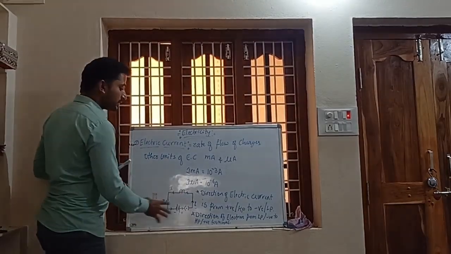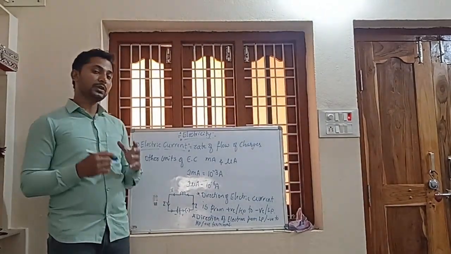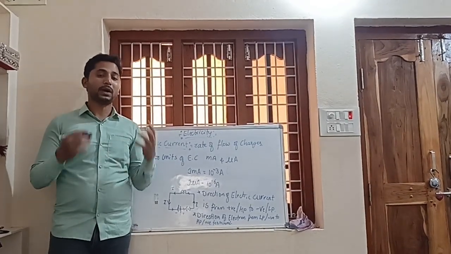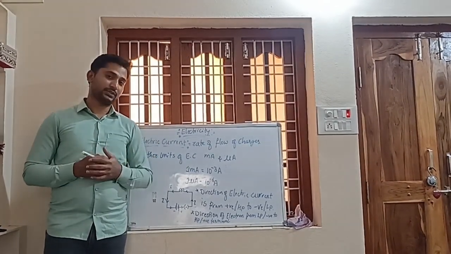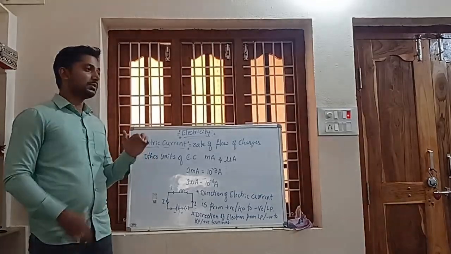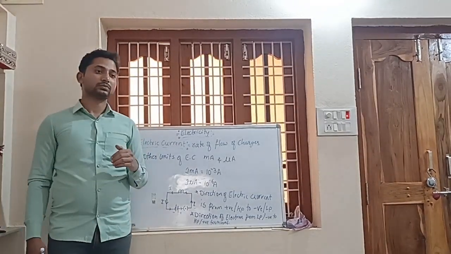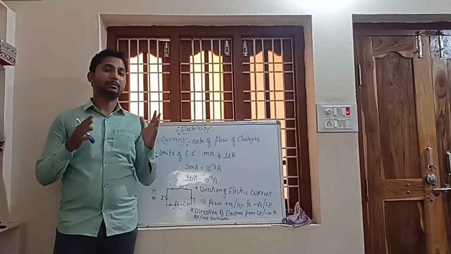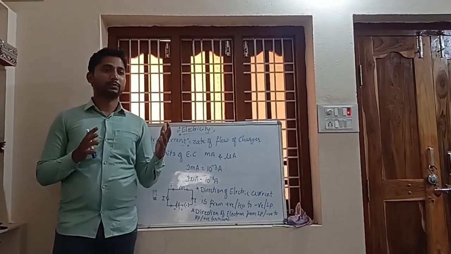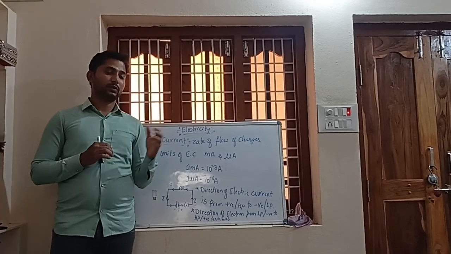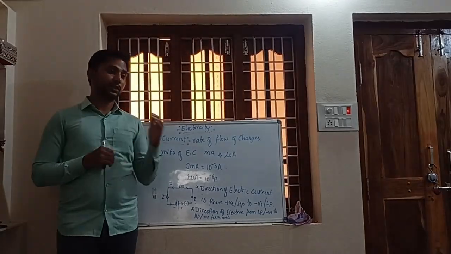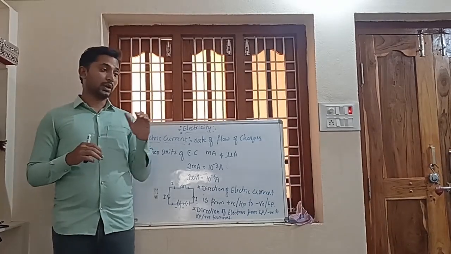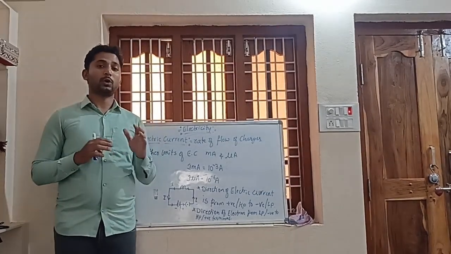What do you mean by electric circuit? An electric circuit is a continuous path for the electric charges. Similarly, if you want to go from your home to any place, you need a path. Vehicles should have a proper path, like national highways and state highways, so that they move properly.